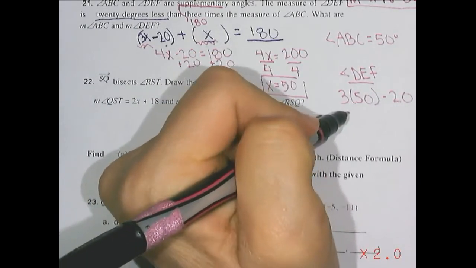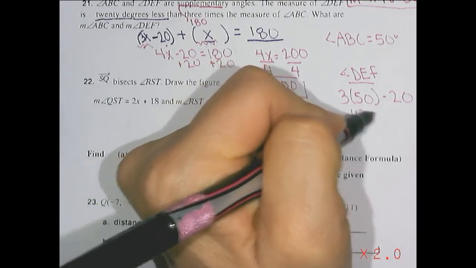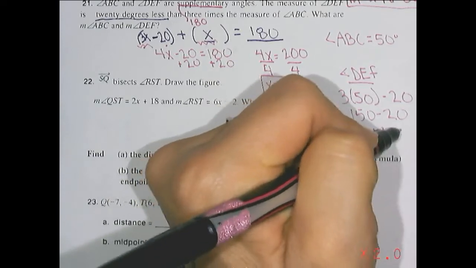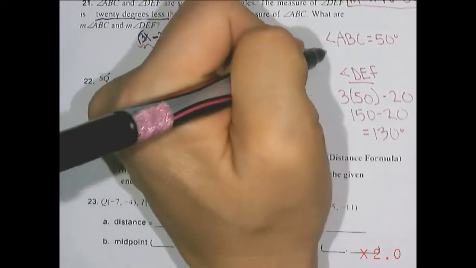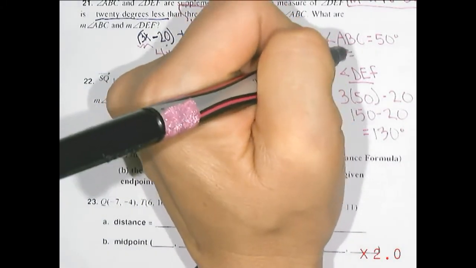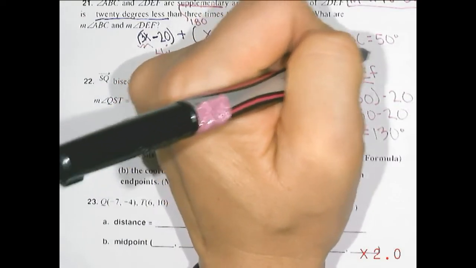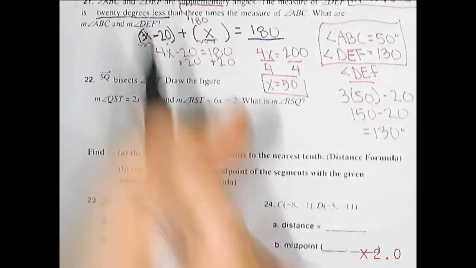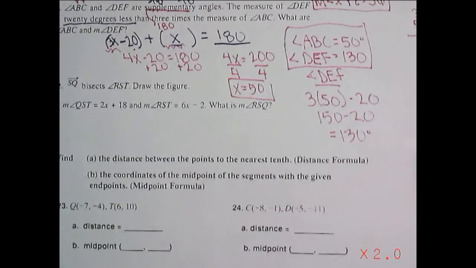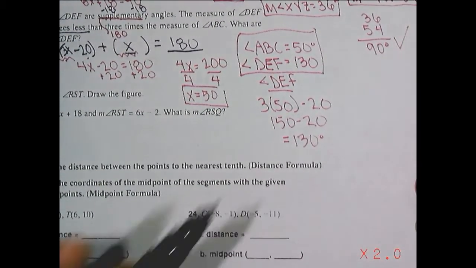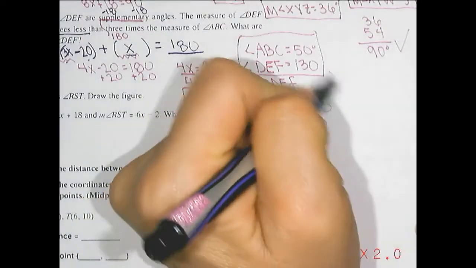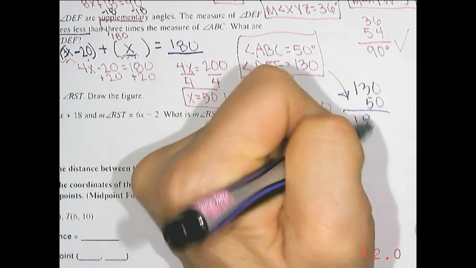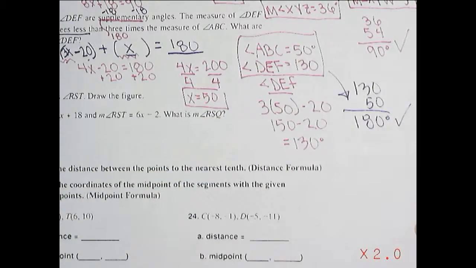Well, 3 times 50 is 150, and we subtract 20, and we end up with 130 degrees. So angle DEF equals 130. And again, if you wanted to add them together and double check that it equals 180, you would do 130 plus 50 added together equals 180 degrees. They check out.